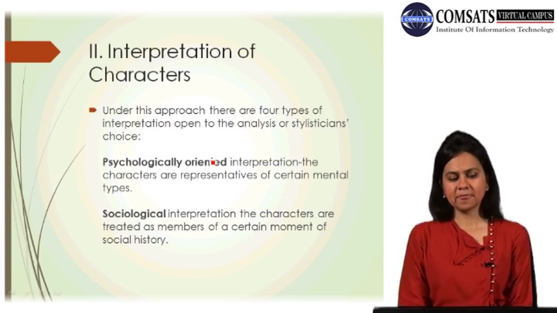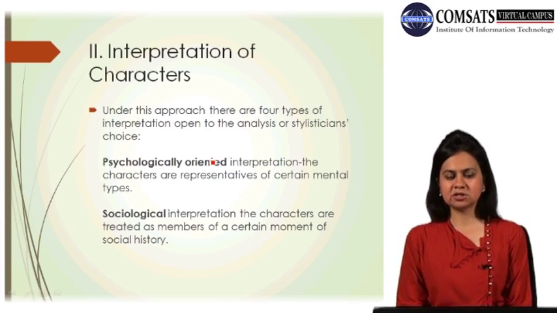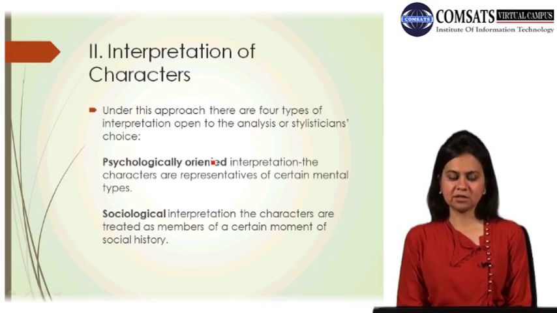The second approach that literary stylisticians employ when they are using the interpretation of characters is referred to as the sociological approach. The sociological interpretation of the characters treats the characters as members of a certain moment of history, a certain time period.